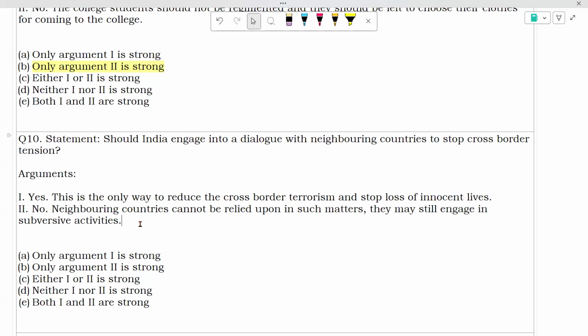If the argument had been, no, we have relied upon talks in the past, but the neighboring countries have not given up terrorism or infiltration, that would have been a very strong argument. What I want to say is, you cannot stop doing a certain thing because you assume the other person is already bad. That is the logic applied here.